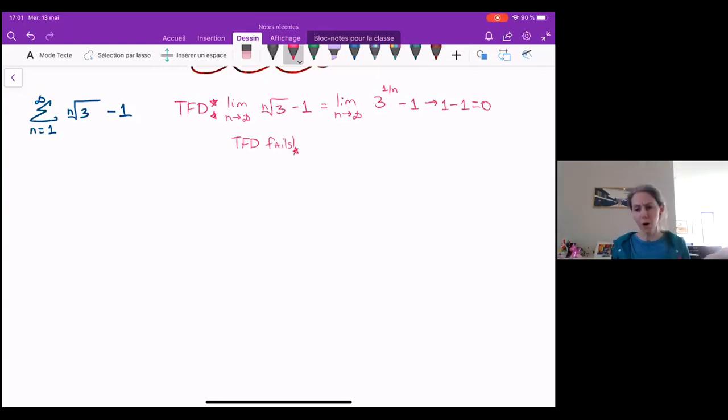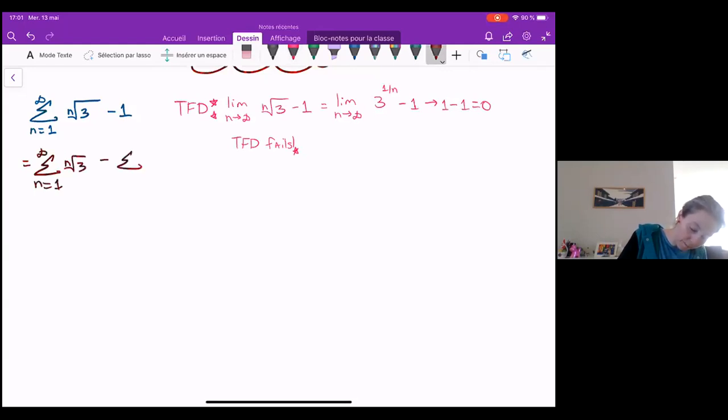Now you might think, oh, whatever, not a big deal. I can just take this thing right here and separate it. So I'll have the sum n equals 1 to infinity of the nth root of 3 minus the sum n equals 1 to infinity of 1. Well, the problem here is that both of those things diverge by the test for divergence. That first limit is going to 1, and that second limit is going to 1.